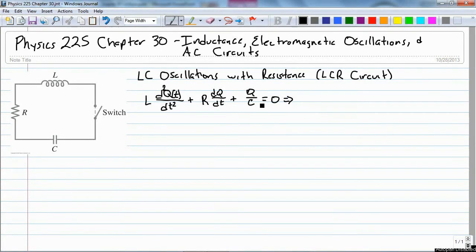And our normal form is to take and bring L through, divide everything by L.